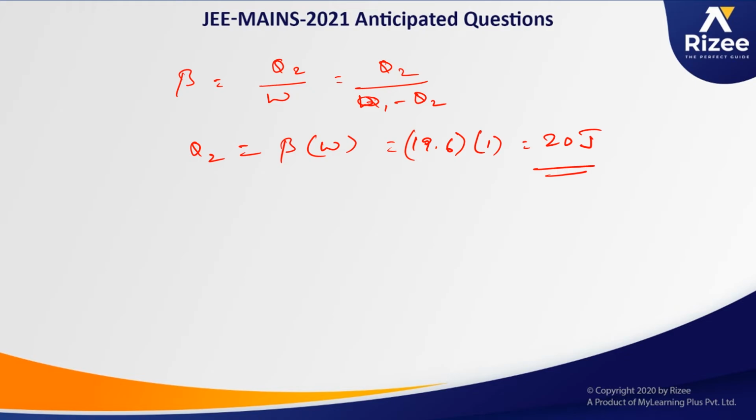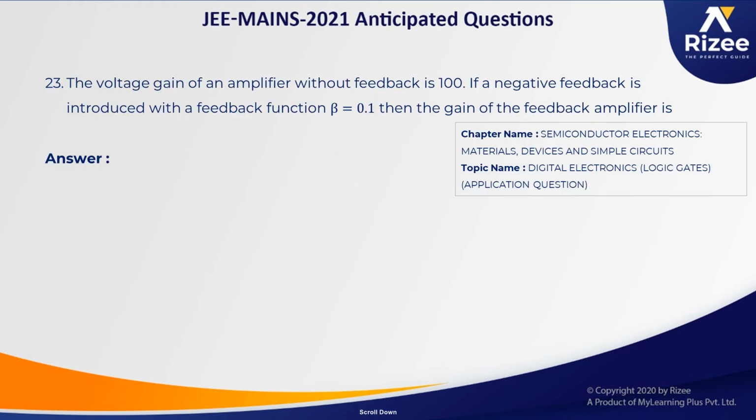Next one, the 23rd one: the voltage gain of the amplifier without feedback is 100. If a negative feedback is introduced with the feedback function beta equal to 0.5, then what is the gain in the feedback amplifier? Actually this is concerned with the semiconductors last topic, the feedback amplifier conditions.